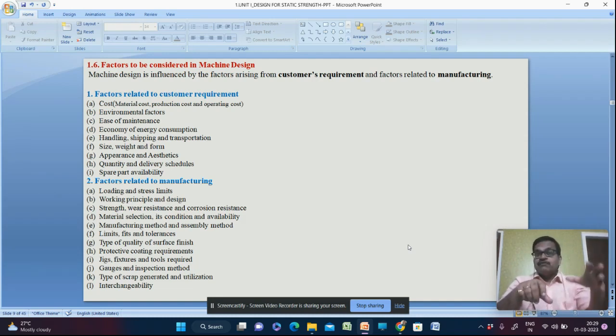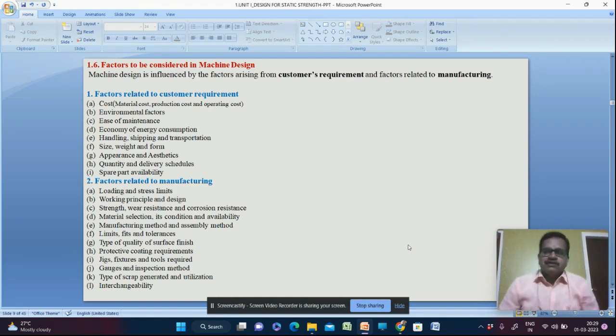But if the hole comes with maximum size and the shaft with minimum size, and even in that condition it cannot enter, then that is known as interference. So with the minimum size of the shaft and maximum size of the hole, if the mating is not going to happen, then that condition is known as interference fit.